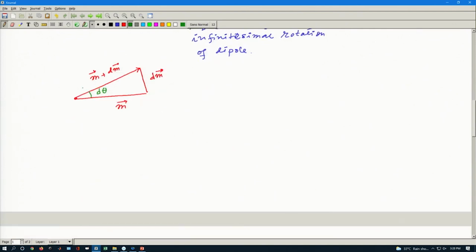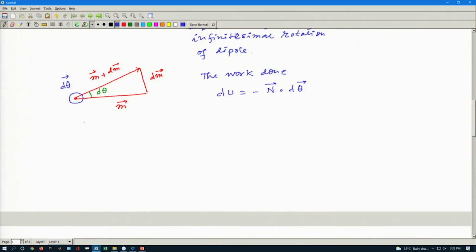The d theta here, if I consider it to be a vector perpendicular to the plane, we can have the work done, which is dU equal to minus torque dot d theta vector. That is the amount of work done by the torque.